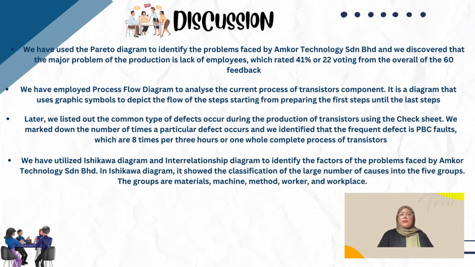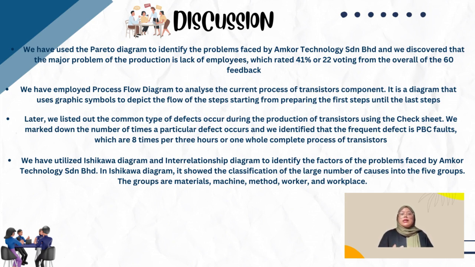It is a diagram that uses graphic symbols to depict the flow of steps, starting from the first step until the last step. Later, we listed the common types of defects that occur during the production of transistors using the check sheet. We marked down the number of times a particular defect occurs, and we realized that the most frequent defect is PVC faults, which take about 3 hours for one complete process of one transistor.